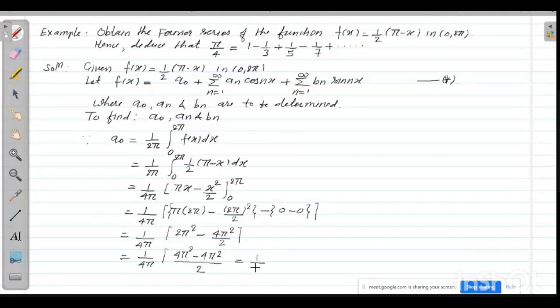So 1 by 4 pi into 0 becomes 0. So your a naught is what? Therefore we can say a naught equals 0.